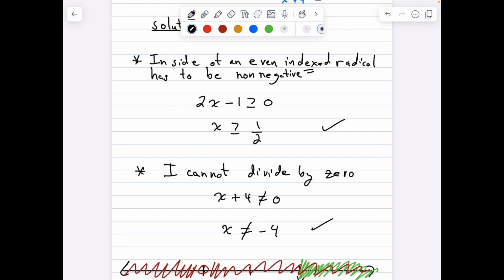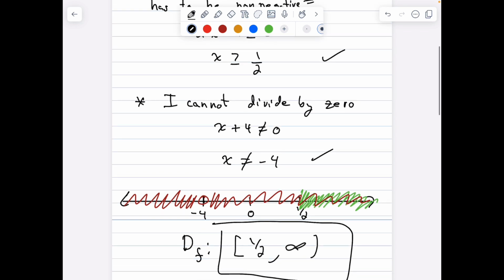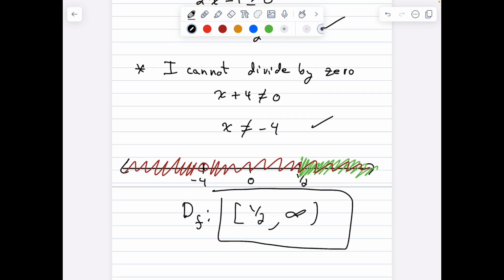Then we solved each of these individually for x, just isolated the x, and we wrote each of these restrictions on a number line. You don't have to do this with the number line. I just like doing it because I like to visualize what's going on. And the domain is what both those two restrictions have in common, which is 1/2 to infinity, including 1/2. And technically that negative 4 really had no play here, but we still had to look at it in terms of a restriction, what we could not have.